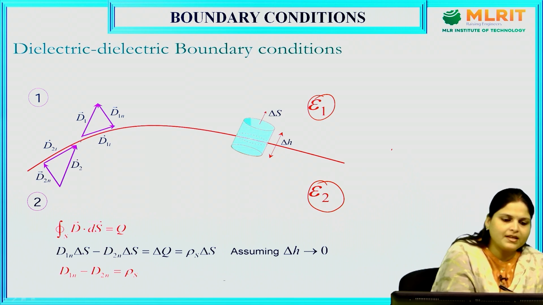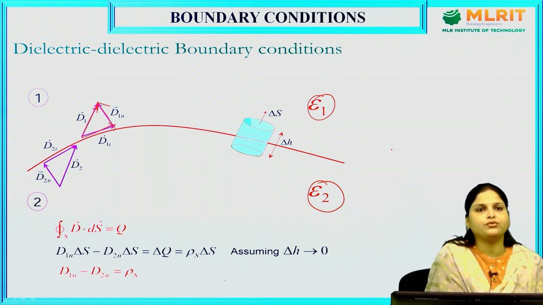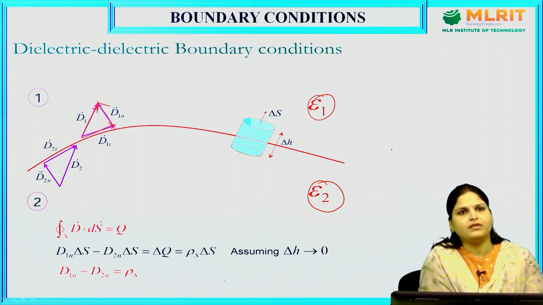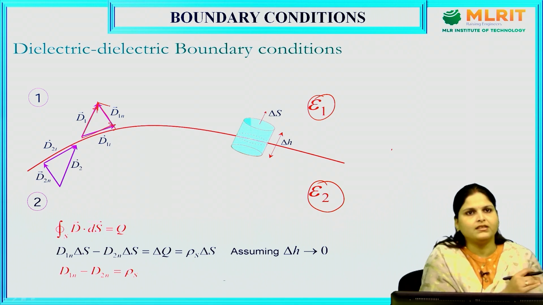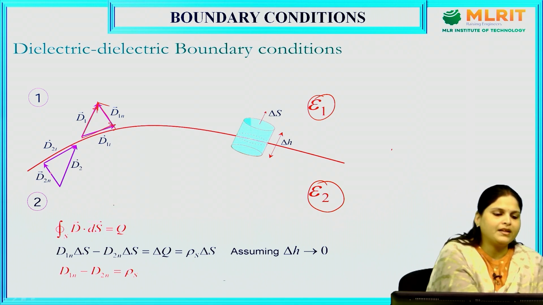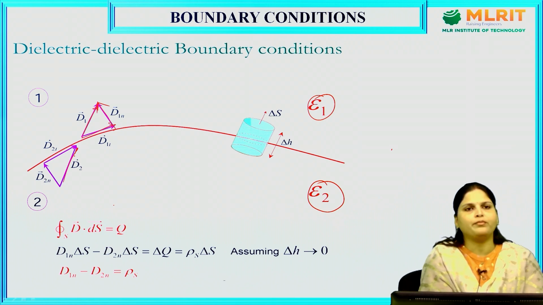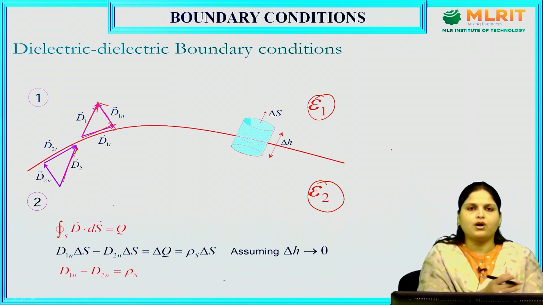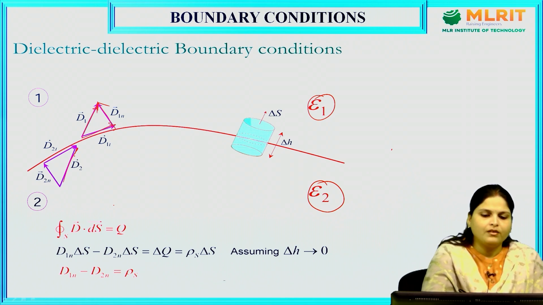Remaining things are similar. This is D1, and again this is resolved into two components, tangential and normal, and obviously D1 is a resultant of D1n and D1t. Similarly, we have D2 and two different components, D2t and D2n.